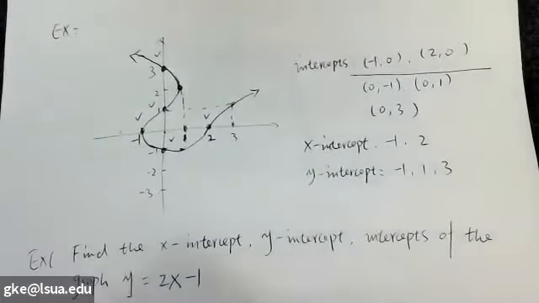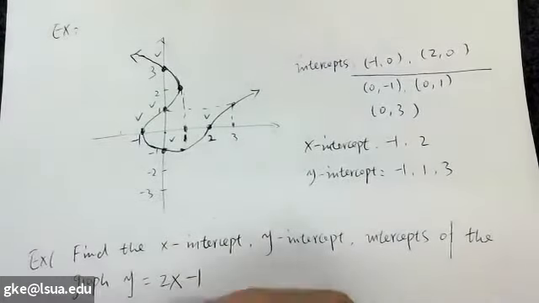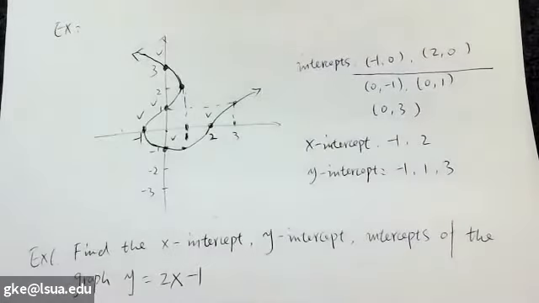It's very clever. That's the point. So if we want to calculate the x-intercept, we just let y equals 0. That's the strategy.